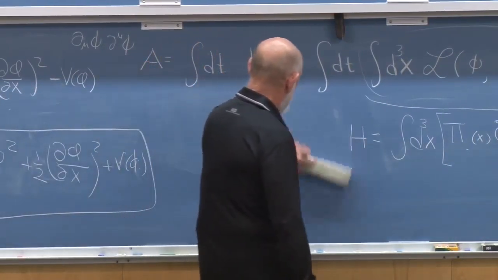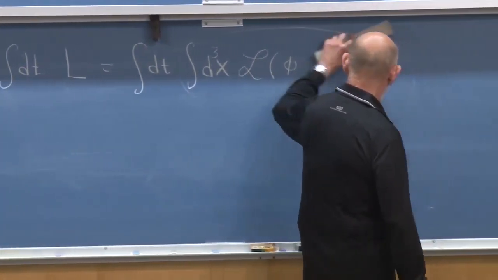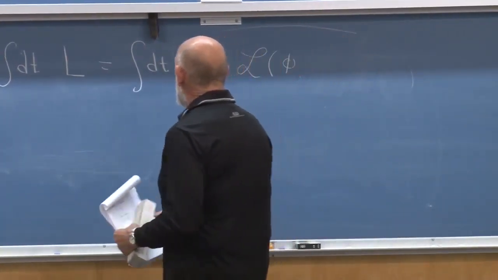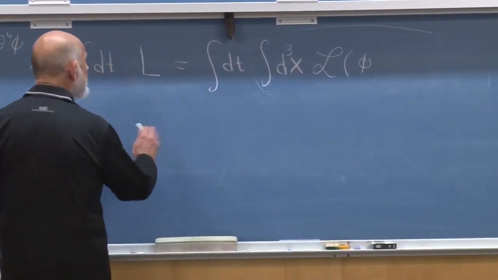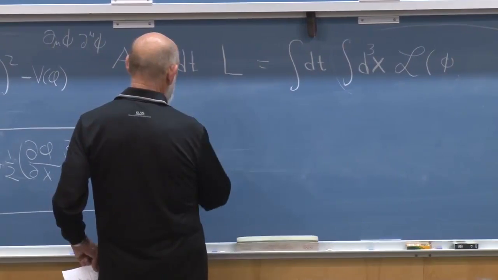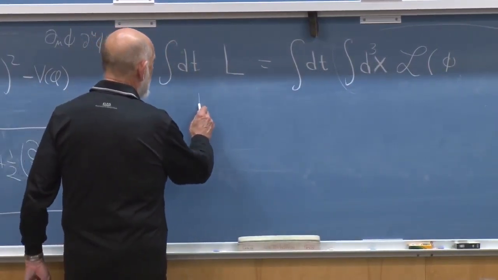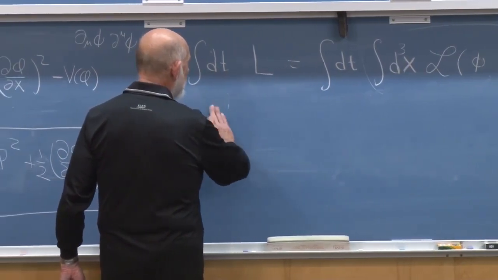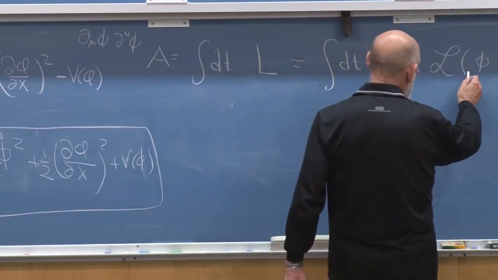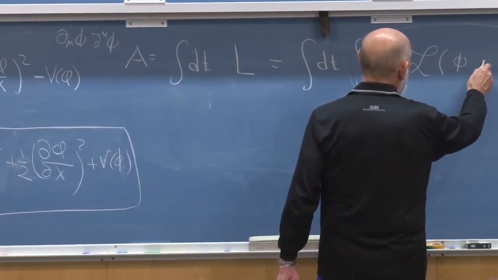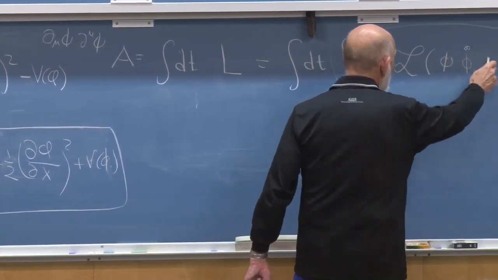So, as you're erasing that, could you say more about the assumption why it's okay to use Cisco instead of Waco? Yes. As long as the Lagrangian is an integral over space, and at each point of space it involves phi and phi dot at that point, the time derivative of phi at that point.